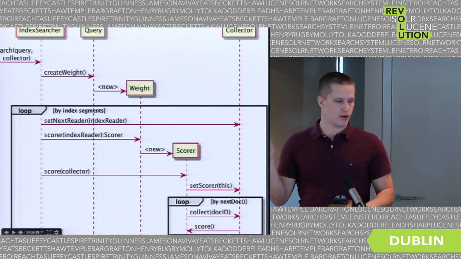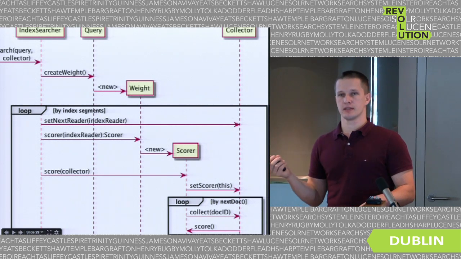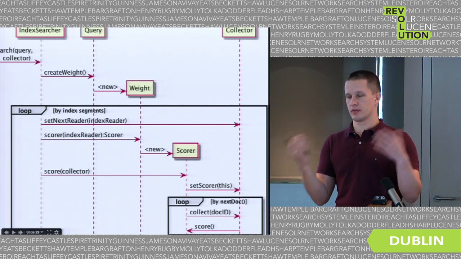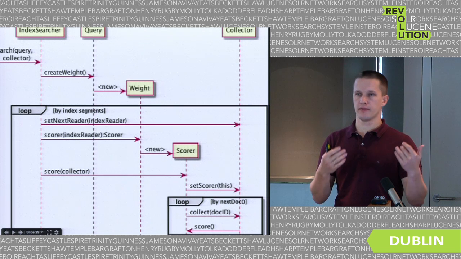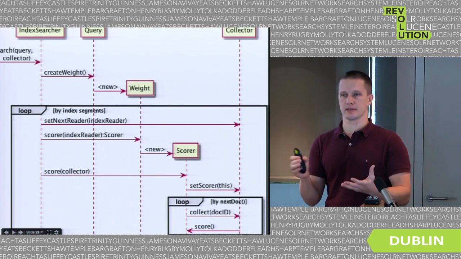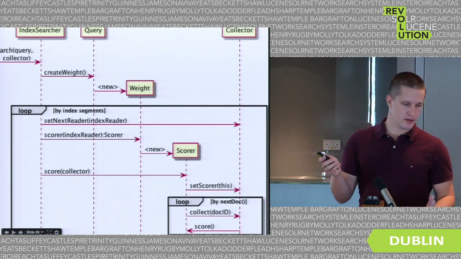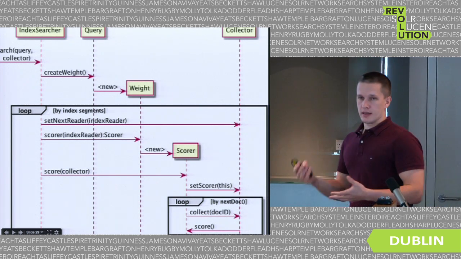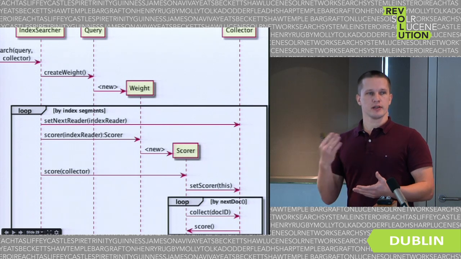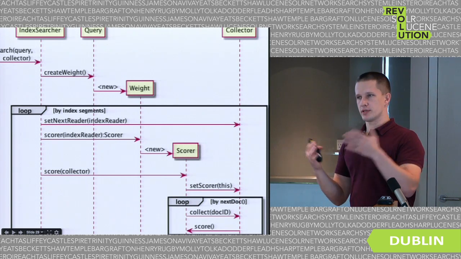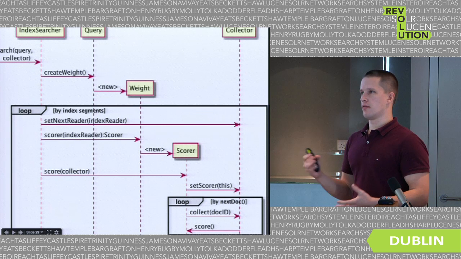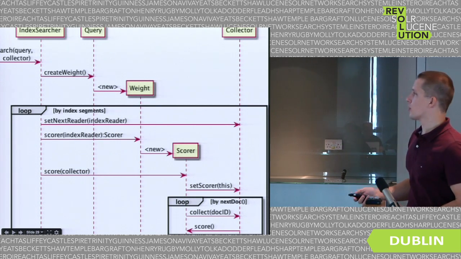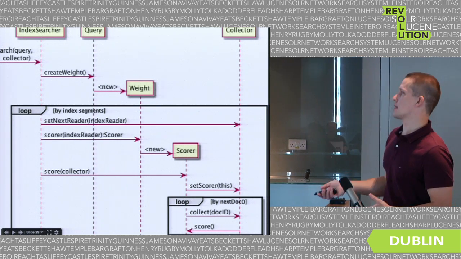Let's look into how complex queries are executed, because for a while we looked only at trivial term queries. The first algorithm is document-at-a-time search. In this algorithm, we enumerate documents to merge posting lists and calculate the score for every document. That's how it works in Lucene.